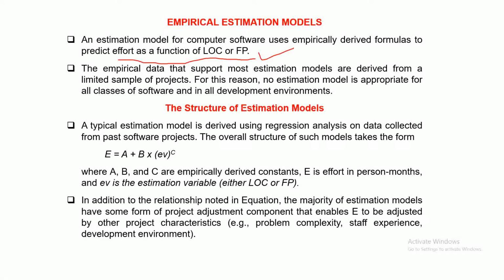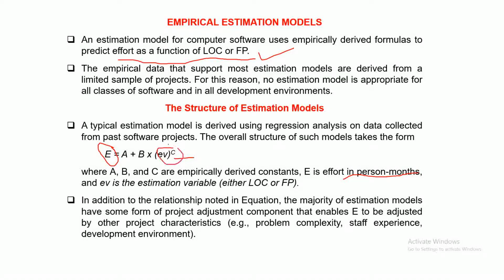Normally this estimation takes this form: E = A + B * (EV)^C, where E is effort in person-months.